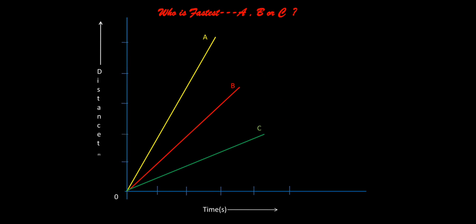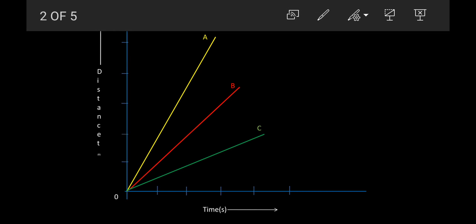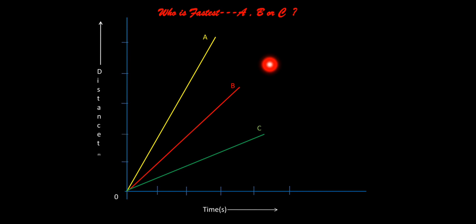So C has less inclination as compared to B. Similarly, B has less inclination as compared to A. A has more steepness. So A is fastest, then B, and then C. So simply by observing the slope, you can compare which of two bodies is moving faster, and this is possible only in case of uniform motion.